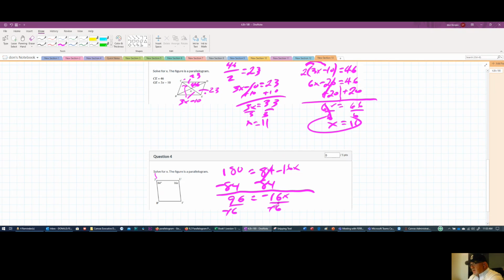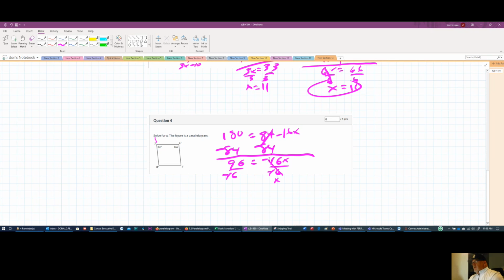And let's see. Negative 16, and so that's going to reduce to x. I cross that out. Boom. So we're good there. And 96, so 16 times 6 is 96. So that's going to be negative 6, I believe. Negative 6.